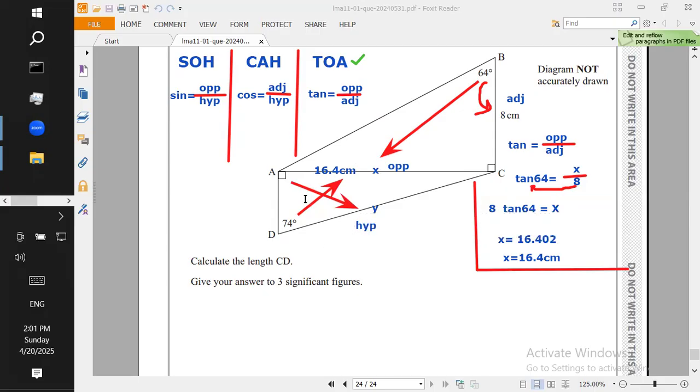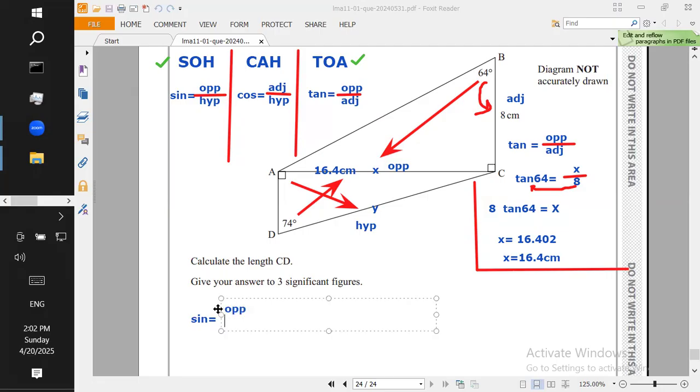Now I need to choose one of these trigonometric ratios that fits the triangle that I have here. So I have the opposite and the height. This means I need the opposite and the height in the formula. This means I'm going to use SO, which is sine ratio. Now I'm going to write the sine formula here. Sine of the angle equals opposite divide height.